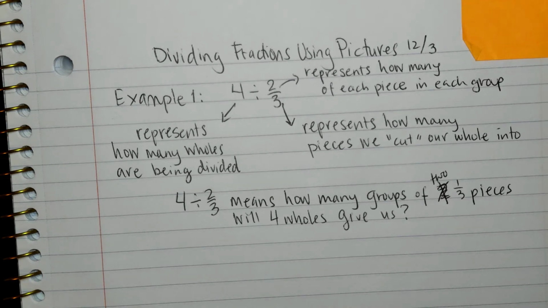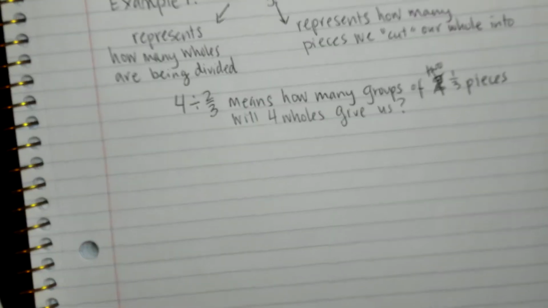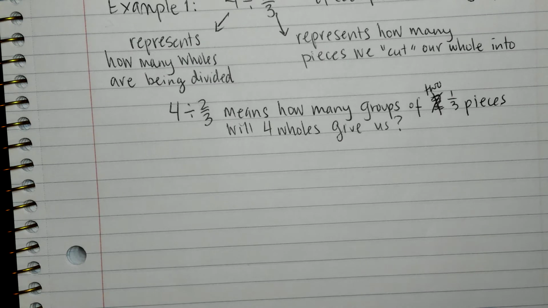And I'm going to show you 2 different ways. One way is going to be making bars, and one way is going to be using a number line. And there's many different ways for you to use bars. You can stack bars on top of each other. You can stack bars next to each other. You can stack them all together.